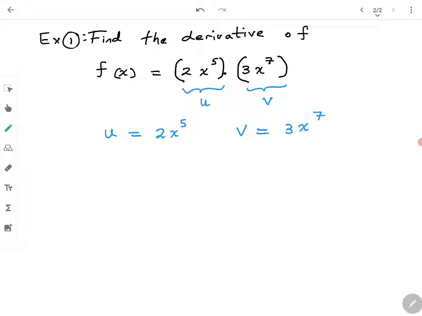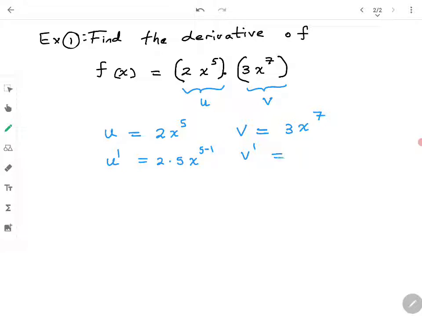Once we decide what is u and what is v, the next thing to do is find the derivatives of those two terms, u prime and v prime. Here u prime can be found using the power rule. You have x to the fifth, so you bring 5 down as the coefficient and subtract 1 from that exponent.